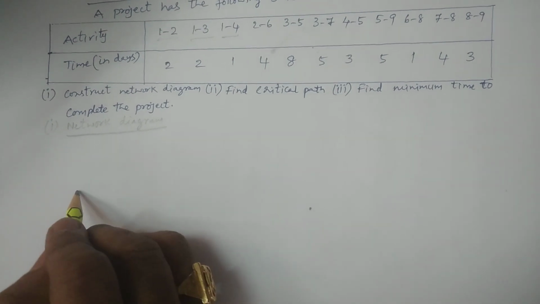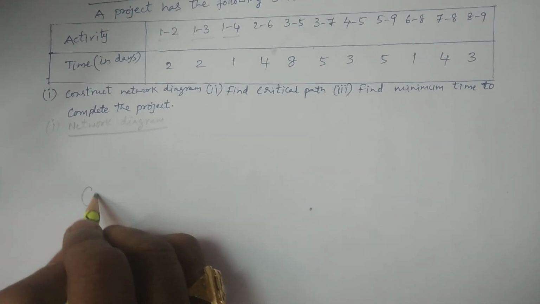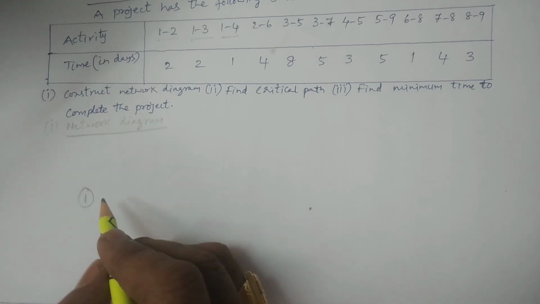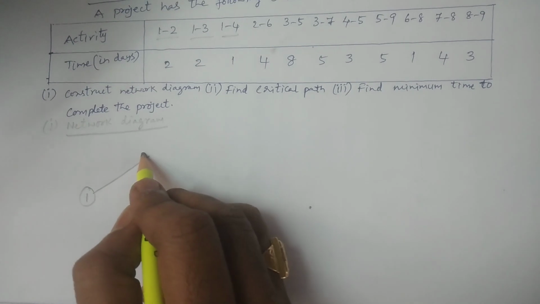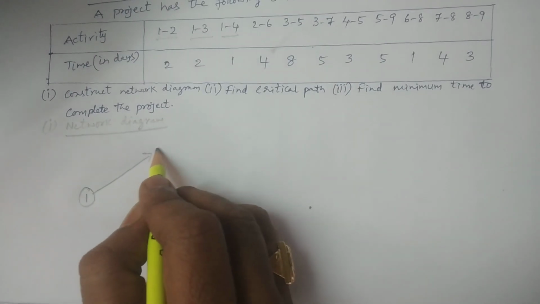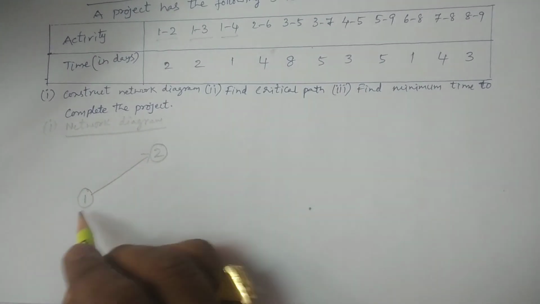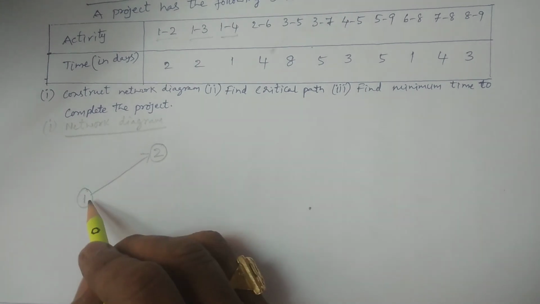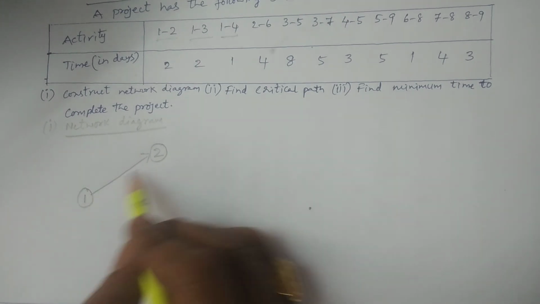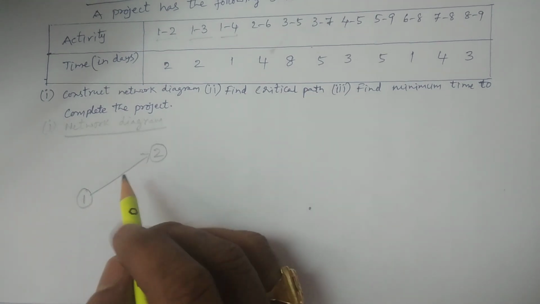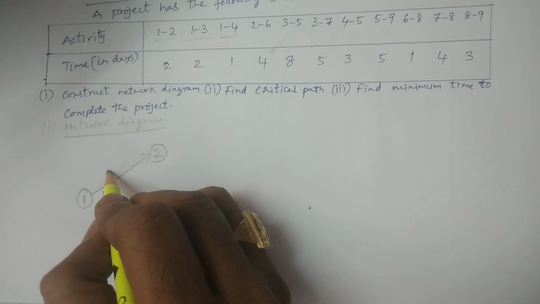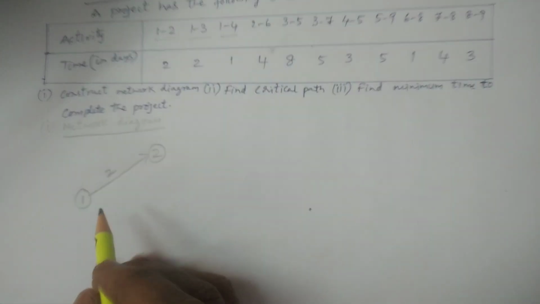I am considering this as the first node or first event, and from this one particular activity is connected by connecting event 1 to 2. By connecting 1 to 2, we get one activity. The duration of the time is 2. I am specifying it here.